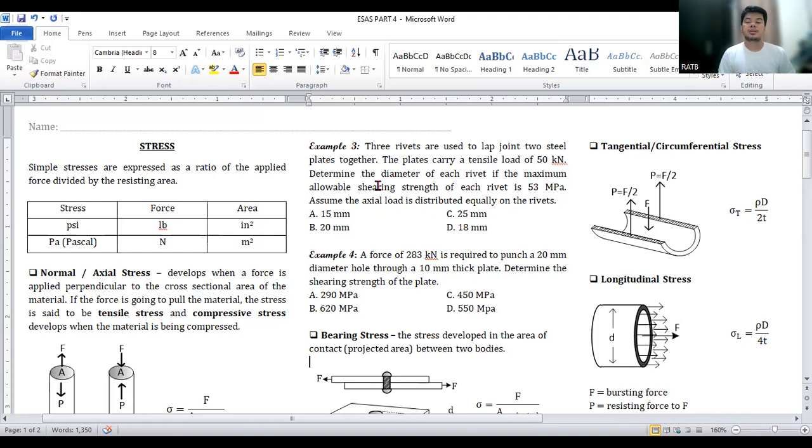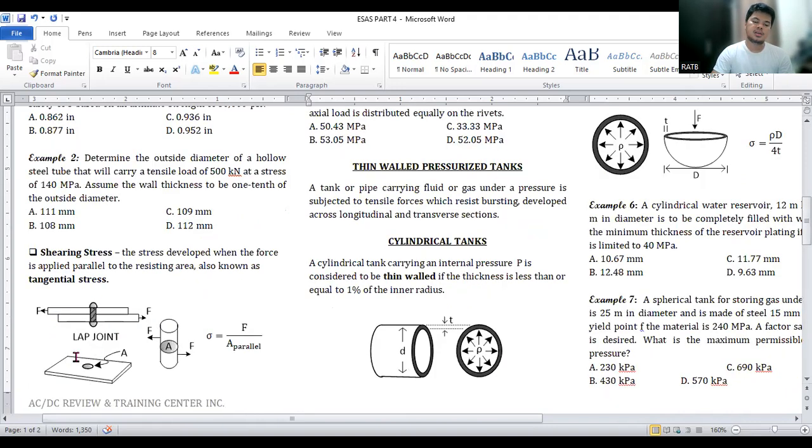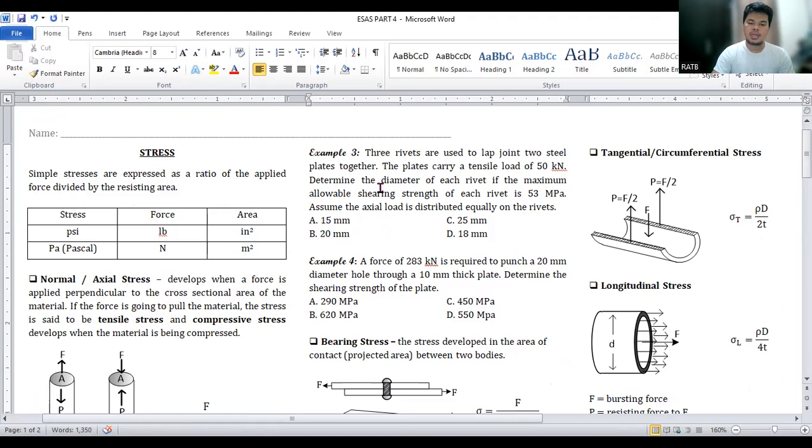So in example number three, you have three rivets used to lap joint two steel plates together. When you say lap joint, it looks like this one: you have the two plates joined together by means of rivets. In this example, we're given three. Determine the diameter of each rivet if the maximum allowable shearing strength of each rivet is 53 megapascal.